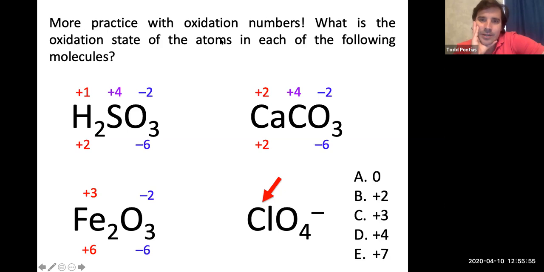All right, please get your answer in 5, 4, 3, 2, 1, and 0. And our answer is E. So each oxygen is -2 for a total of -8. But the whole thing has to add up. So the whole molecule has a -1 charge. So when we add these all together, they have to equal -1, which means that the chlorine must be +7. Very good. Any questions about these?